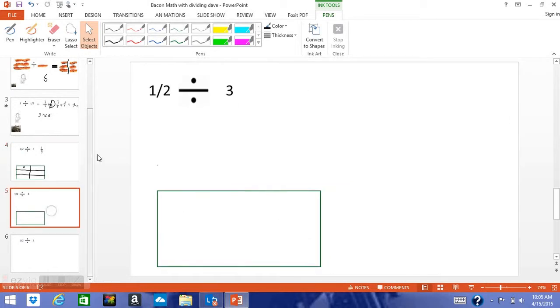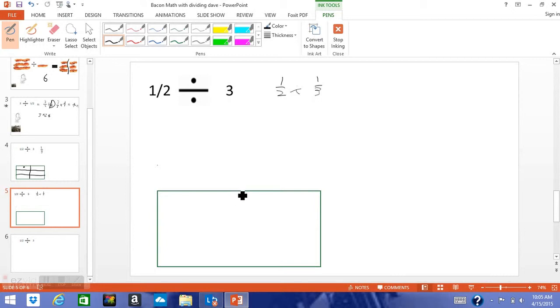But now we're going to do another way. And this way is a multiplication way. The way you do this is a bit different. So you're at the part where you have 1/2 times 1/3. So here's what you do.